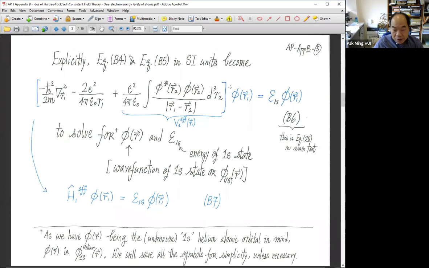For example, some people roughly just put in some reasonable-looking 1s state with a parameter or two, then insert it, construct it here, get the output, adjust the parameter only, and put it back, and then they will get a self-consistent solution, okay? But some will use a more elaborate form of the input, and then the answer should be more accurate.